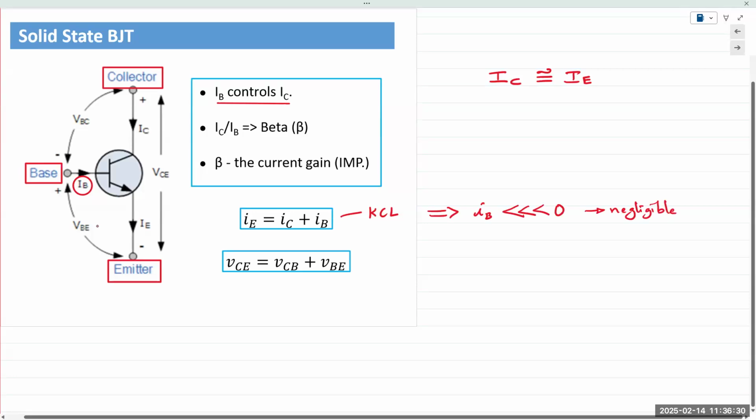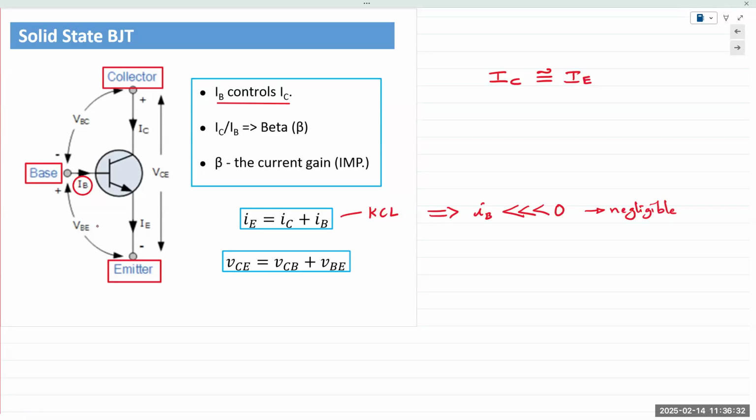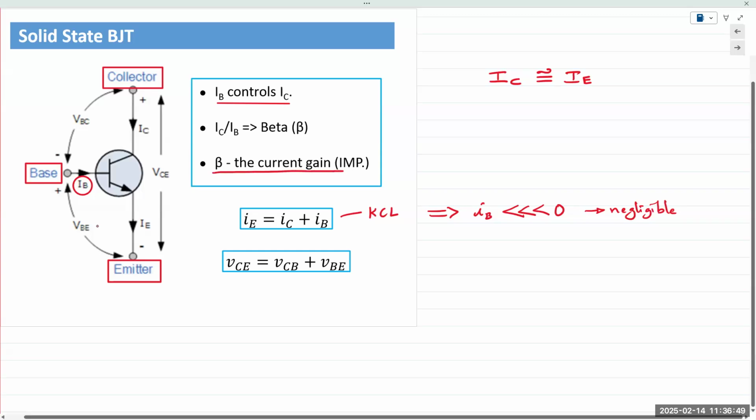And so for many analyses that we perform, we tend to ignore IB, and we can write IC is approximately equal to IE. The ratio of IC and IB is known as the current gain beta, which is by far the most important parameter for a BJT.